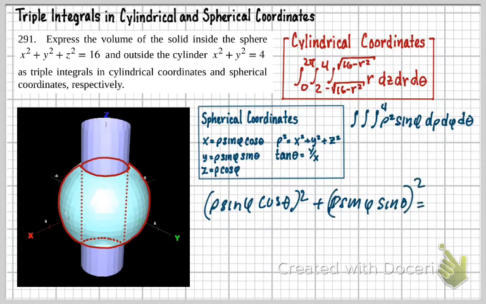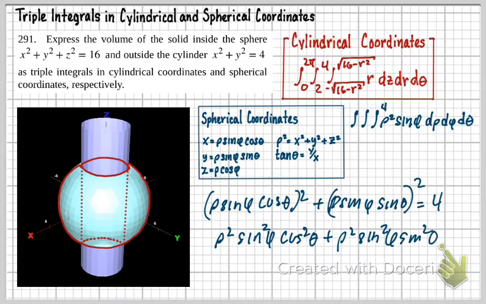And then that's going to equal 4. And then we're just going to work this out. So I'm going to square both of those. So that's going to be rho squared sine squared phi cosine squared theta plus rho squared sine squared phi sine squared theta equals 4.